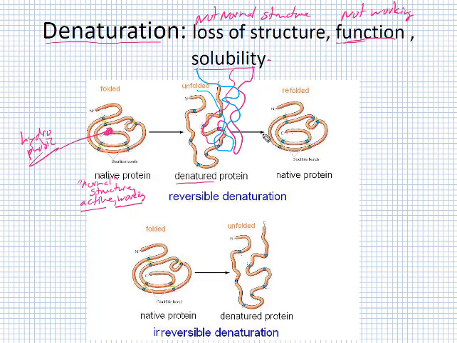I'll talk about that a little bit at the end of this lecture. You go from denatured to native. This is very rare. Usually what happens is once you denature it, it's irreversible. You cannot go back. So it's denatured and it's done, it's dead, and that's the end of that protein's life.